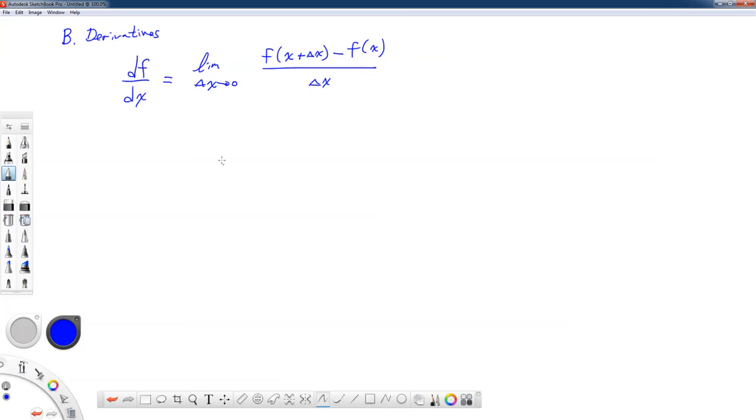Let's draw a graph of a function and let's talk about this. So if I have a sketch where on my x-axis, my horizontal axis, that's my x position, and then the y values would be the functional values evaluated at all the different positions x. If my function was plotted looking something like this kind of curvy shape, then I could talk about a position x, and a position x plus delta x.